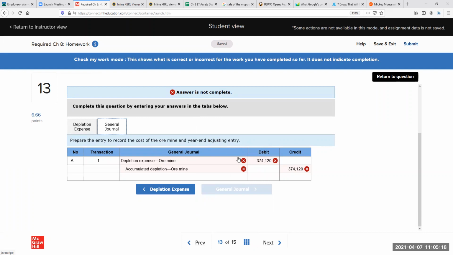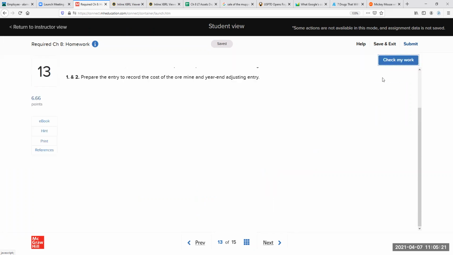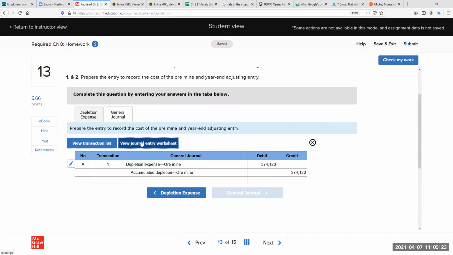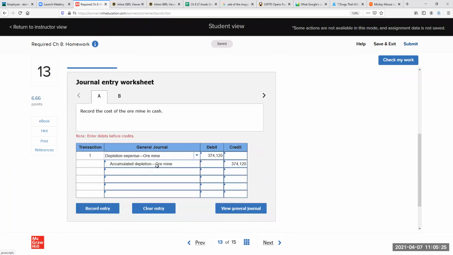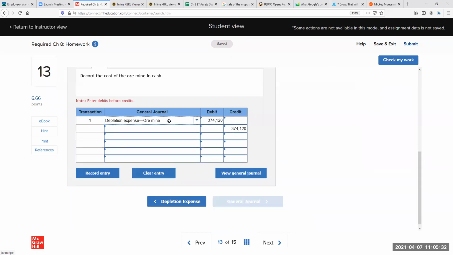This is the year-end adjusting entry. So when they buy it, what it really wants here is the first one. So here it's cash. How much cash did you pay for the ore mine?